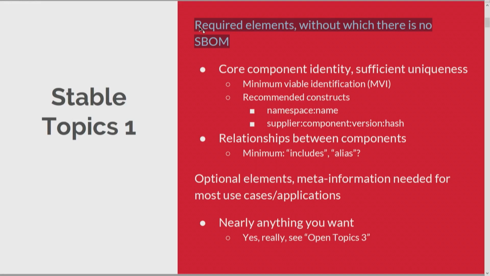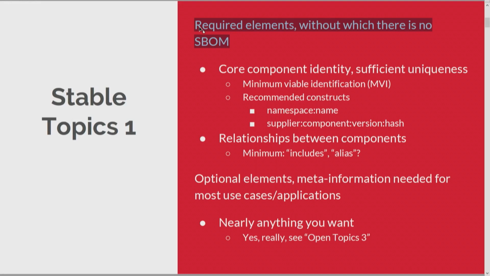I've heard minimum viable identification recently, without which there is nothing else. If I can't talk about this component or that component, I can't say that they relate to each other. I can't say who built it, how it was built, where it came from, or that there's a vulnerability in it. I have to have this core component identity. So again, the consensus emerging is you have to have that.